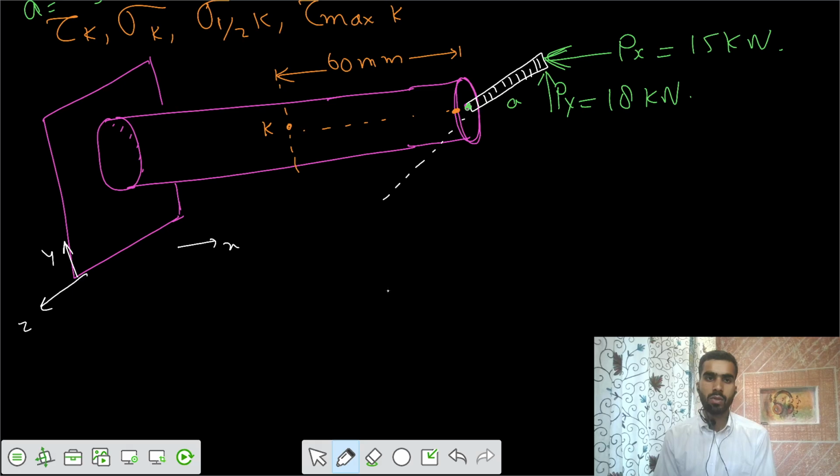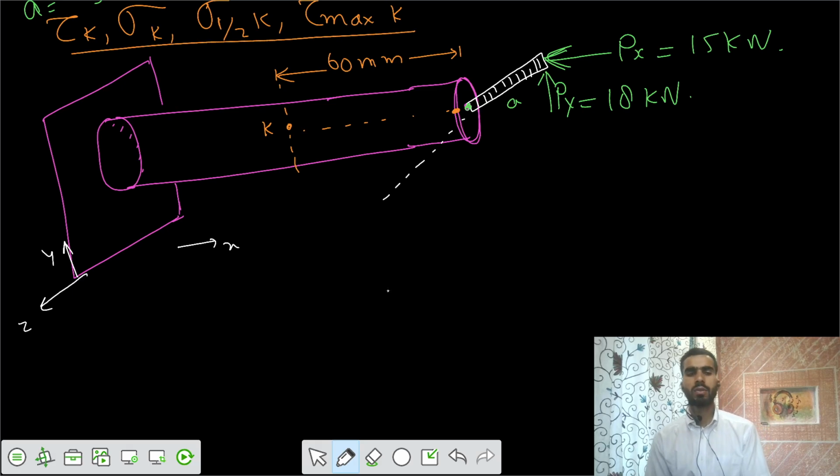So first calculate tau at K, sigma at K, then principal stresses and tau max. The diameter of that shaft is 40 millimeter.